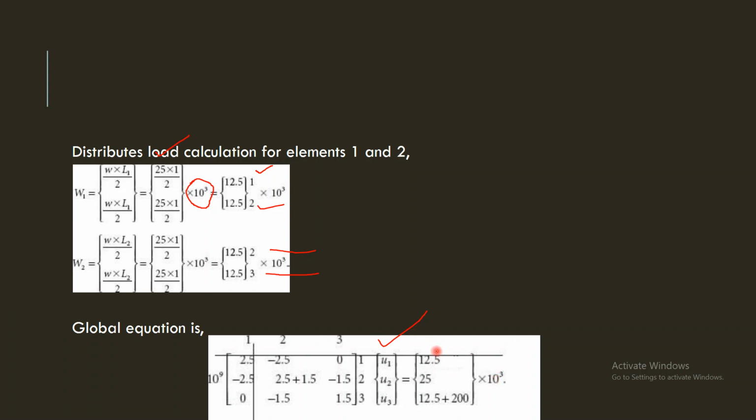And coming to the global force vector, as I said, it is 12.5, where I should do the summation for each node. So I am going to show you here how that value arises.